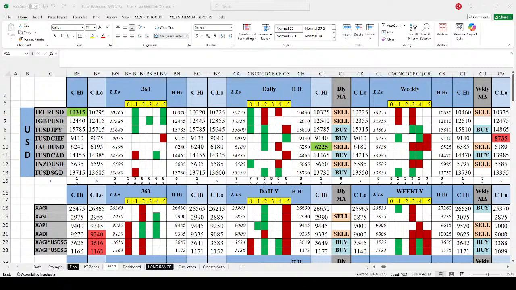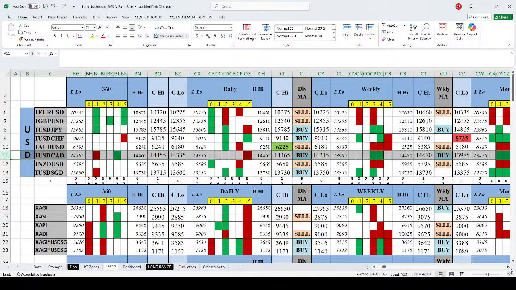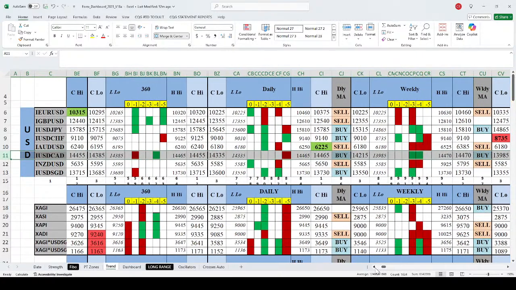The trend shows congestion with a downside bias on the 6 hours, and daily is also range with a downside bias, weekly range with an upside bias, and monthly is also flat or congestion with an upside bias. So again, we are getting mixed signals on this cross.